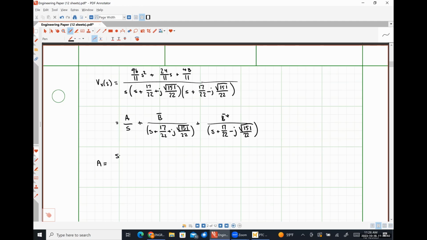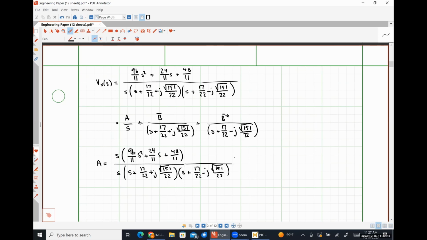So that's going to be s times 96 over 11 s squared plus 24 over 11 s plus 48 over 11, divided by s times s plus 17 over 22 plus j root 151 over 22 times s plus 17 over 22 minus j root 151 over 22, evaluated at s is equal to negative 17 over 22 minus j root 151 over 22.